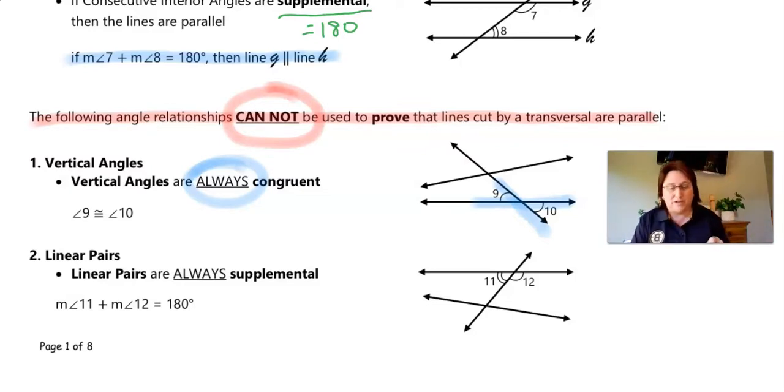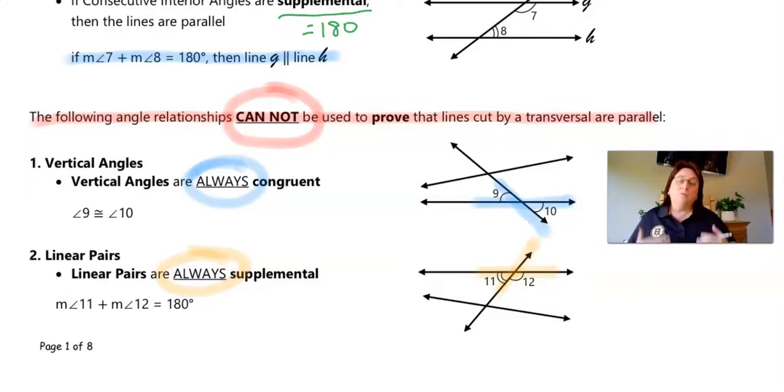Two lines that intersect. The other one says that linear pairs are always supplemental. Linear pairs always add up to 180, no matter if the lines are parallel or not. Look right here. You only need those lines to create linear pairs. You don't even need that other line.